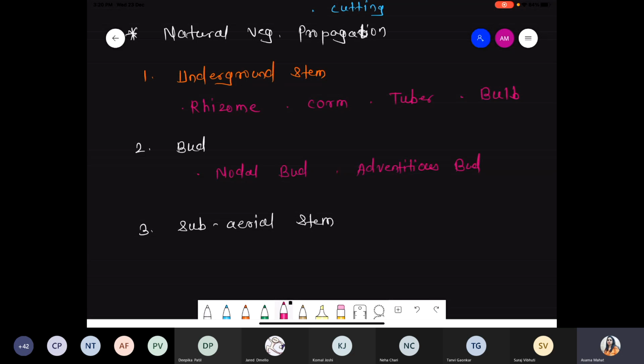Subaerial stem, quickly tell me four types. Yes, runner, stolon, offset, and sucker. Very good. So we already studied this part.